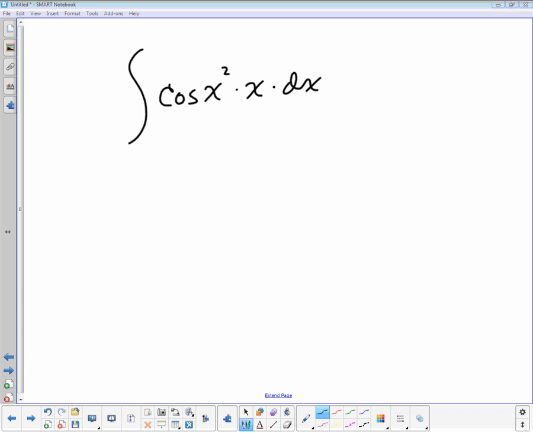It's cosine of x squared, yeah. What does it do without substitution? Not really.